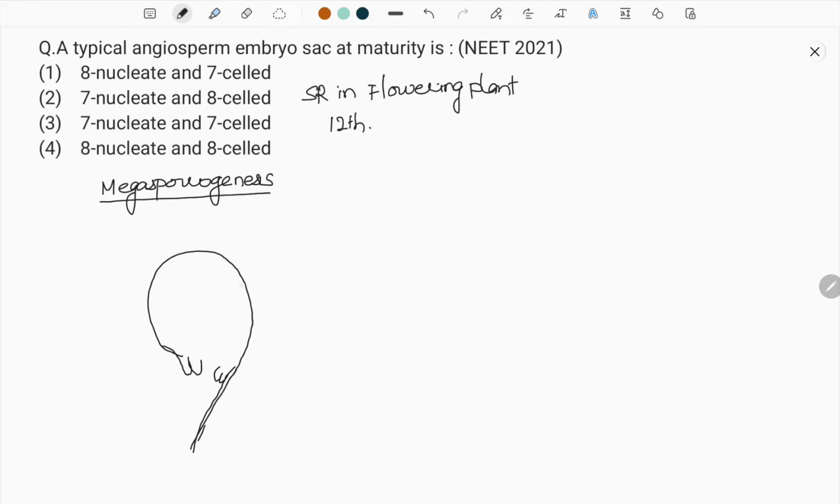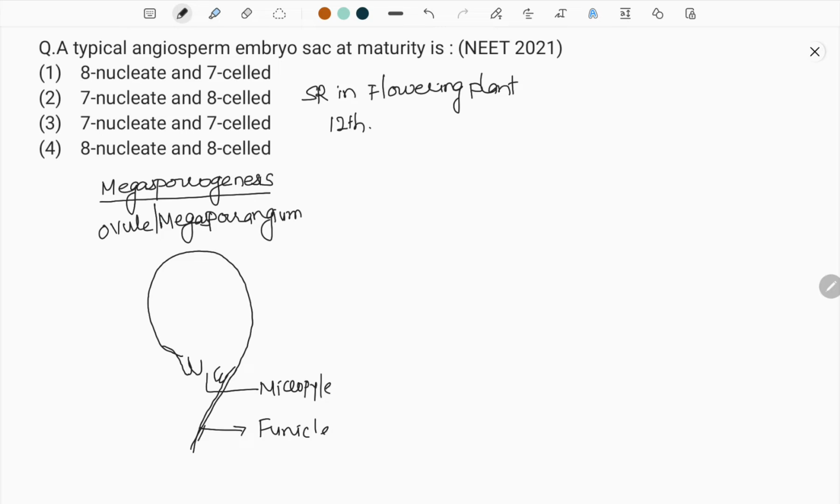This part is called the micropyle, that is the opening of the ovule, whereas the stalk of the ovule is called the funicle, and this is called the ovule, or megasporangium, because it produces the megaspores.